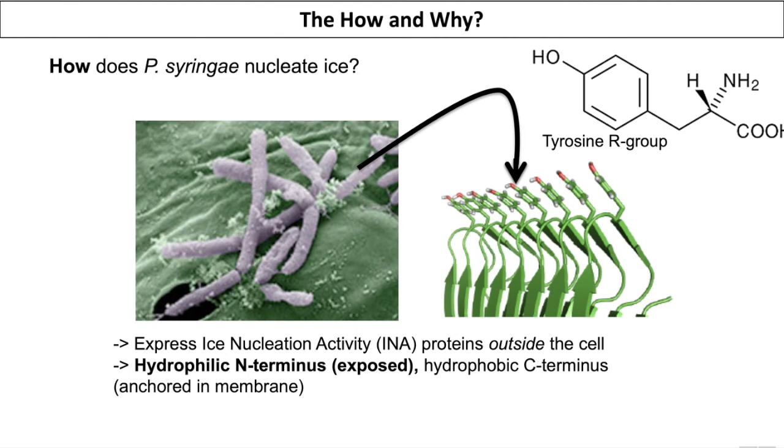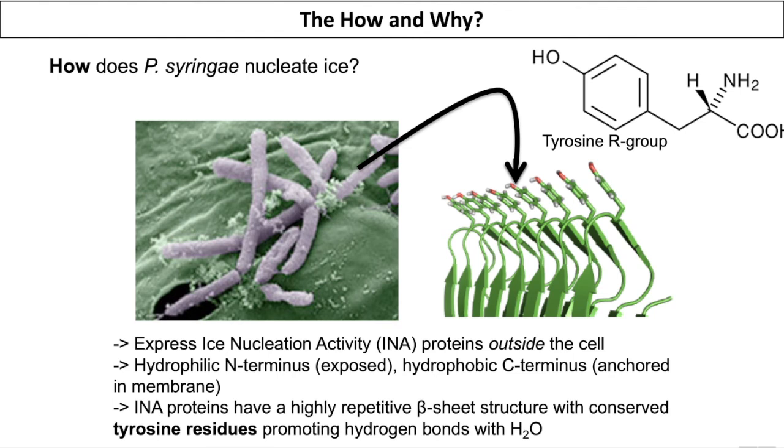So these cells express these proteins outside the cell. The protein has a hydrophilic N-terminus and a hydrophobic C-terminus. It's the hydrophilic, or water-loving, N-terminus that's exposed outside the cell, and it's the hydrophobic C-terminus that stays anchored in the membrane.